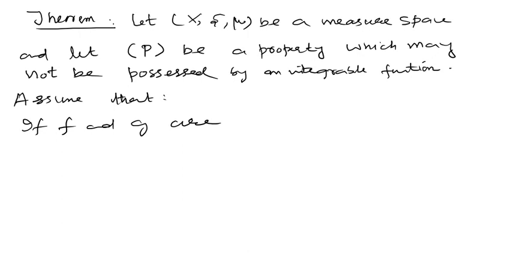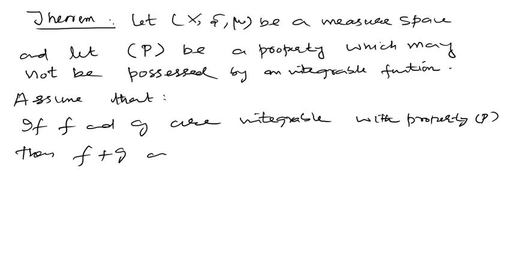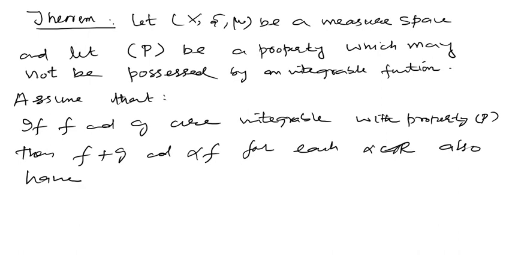If f and g are integrable with property P, then f plus g and alpha f for each alpha belongs to R also have this property P. It's clear that f plus g is integrable and alpha f is integrable, but here we are discussing the properties.